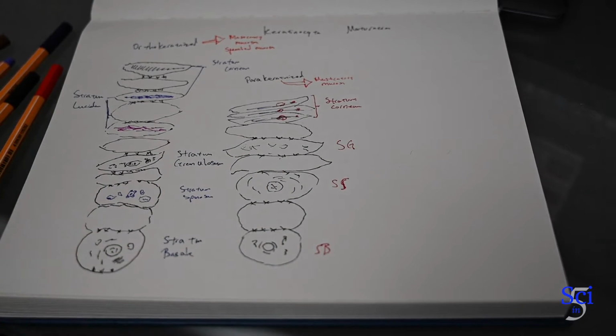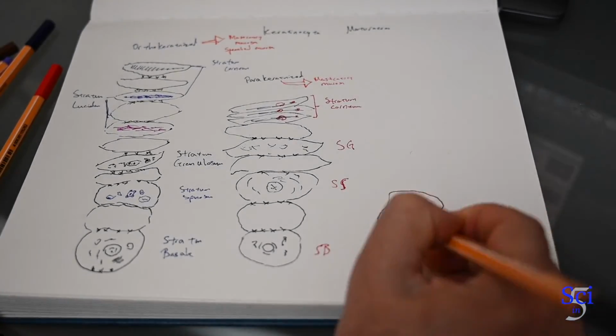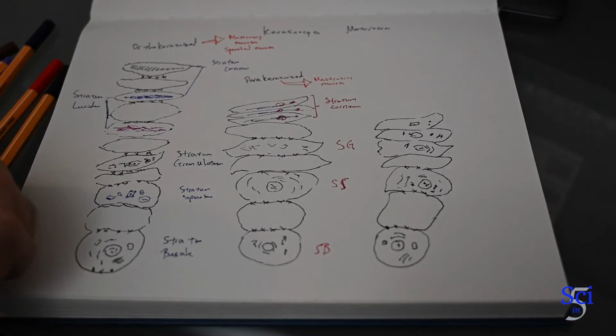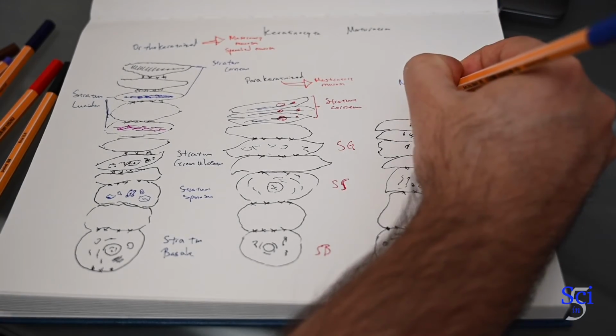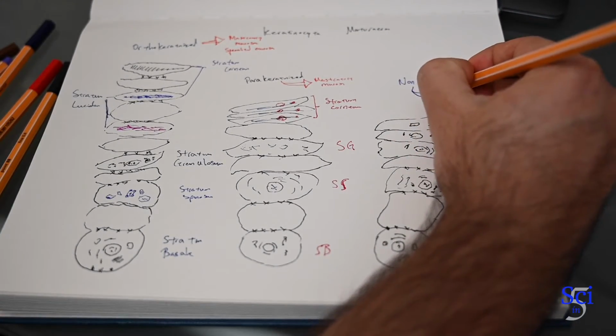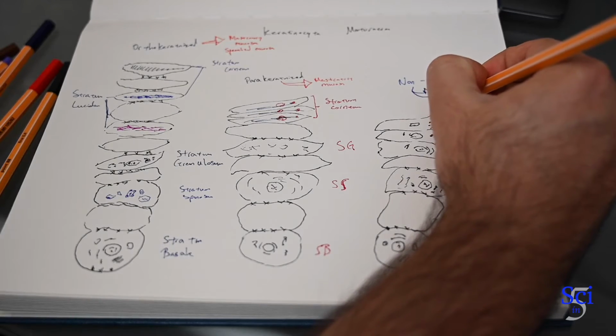Now let's look at the last layer. This last one that we have right here is our non-keratinized. The non-keratinized is going to be found in the lining of the mucosa.